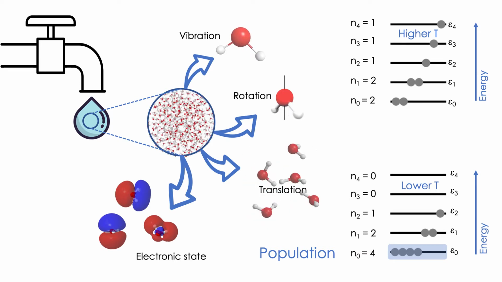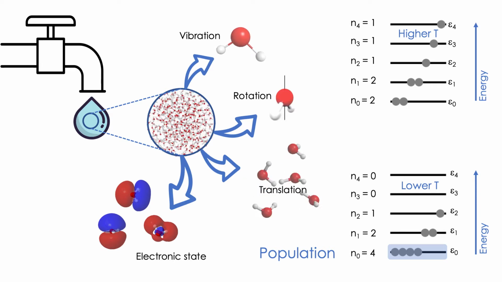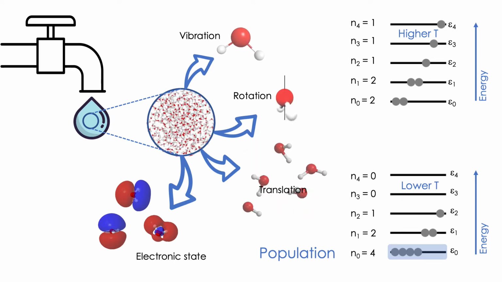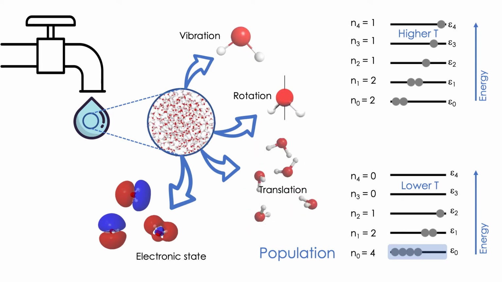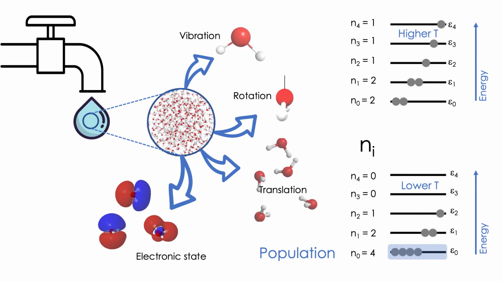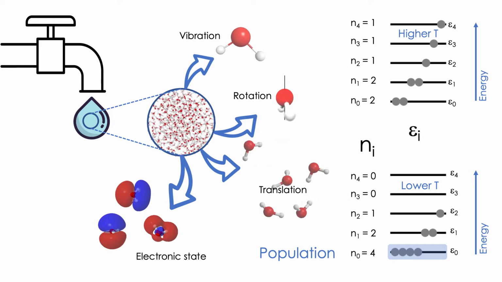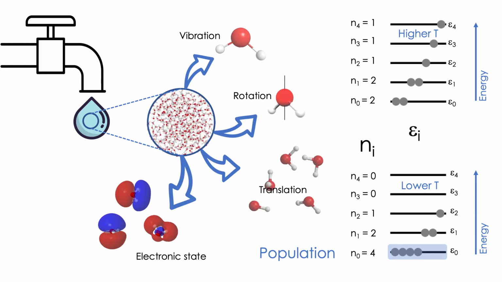So if we actually count, in this case for just a few molecules, the number of molecules, that population of energy levels, we use this N_i to refer to the energy level, and each of the energy levels has an energy E_i.